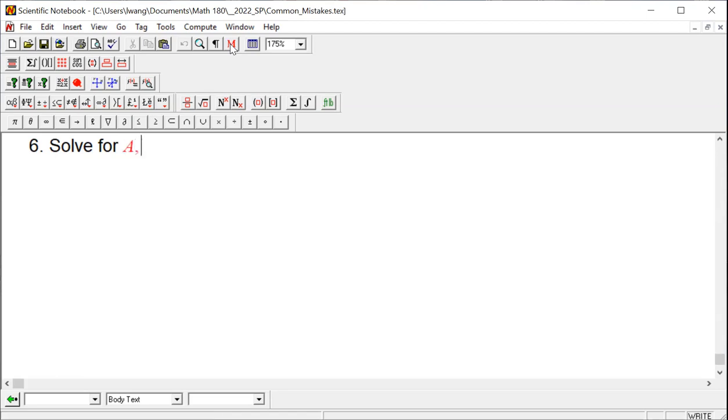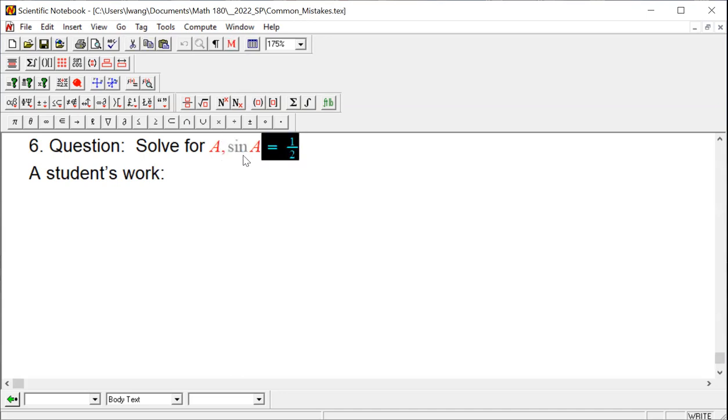A. And here the equation given is sine of A equals 1/2. Okay, so this is the question. This is a student's work, okay?